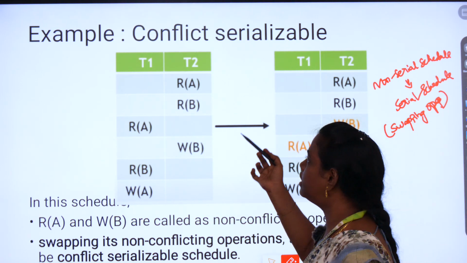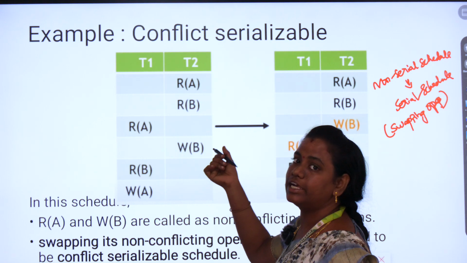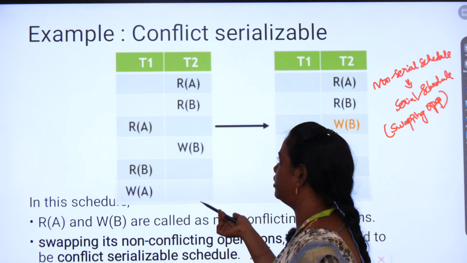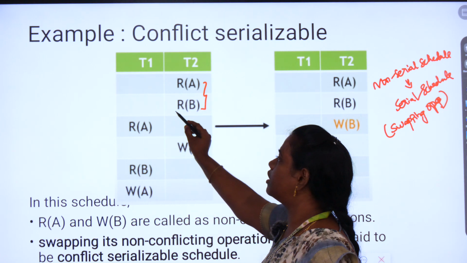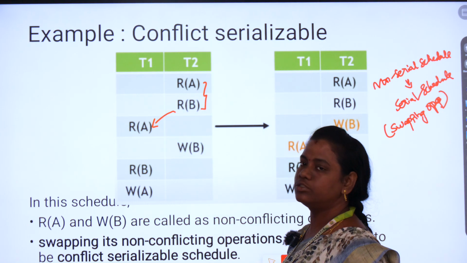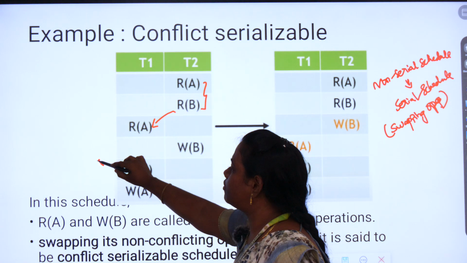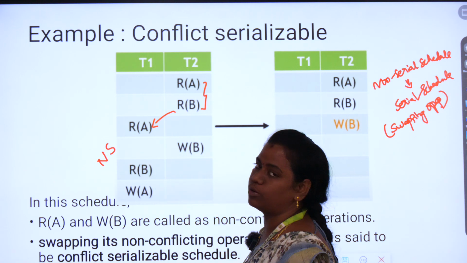Let's see this example. First we need to identify whether the given schedule is serial or non-serial. Here, after executing the first 2 instructions, the program control is transferred to the other transaction. So definitely this is an example of a non-serial schedule.